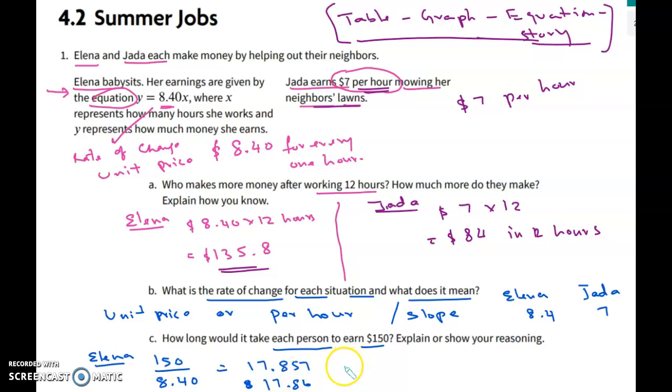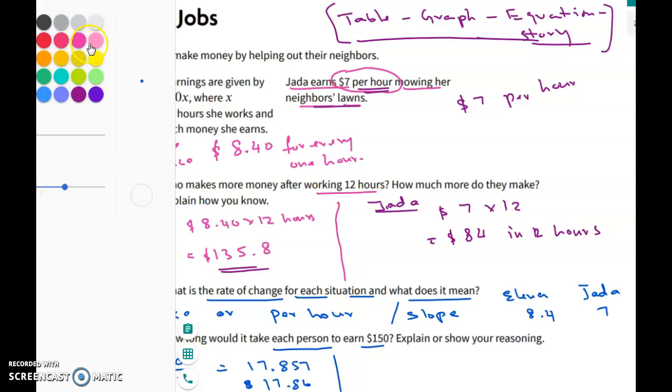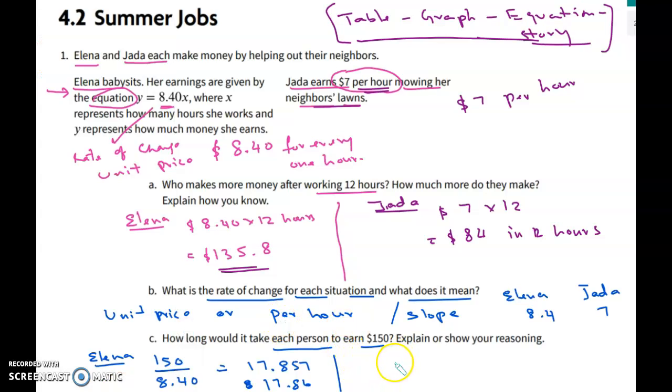So let's check how long Jenna is going to take to earn that $150 as she makes $7 per hour. Let's write that there. Jenna makes $7 per hour, but she wants to make $150.